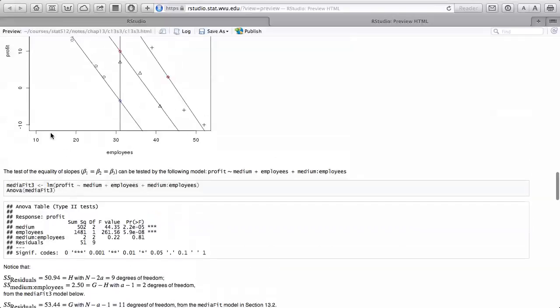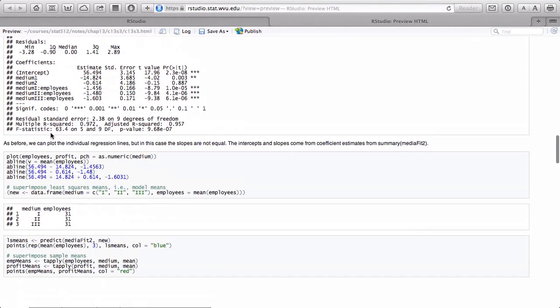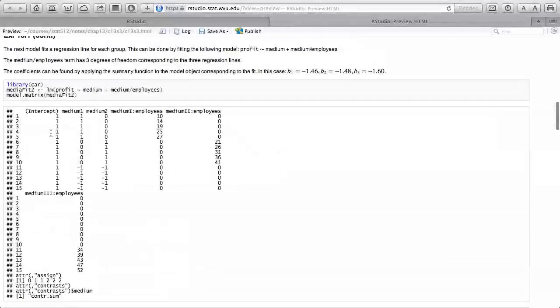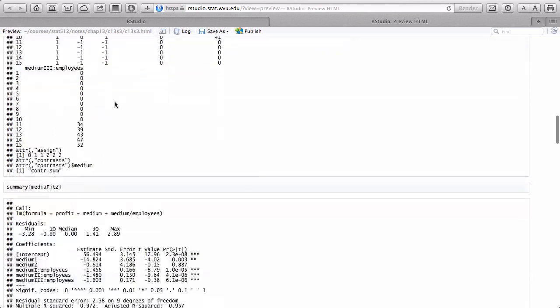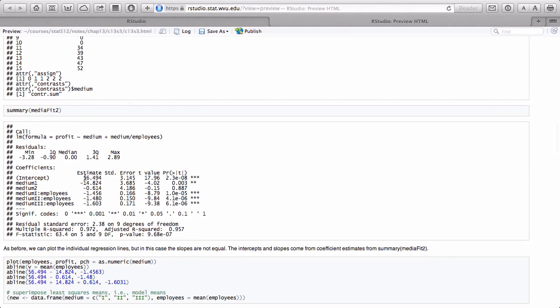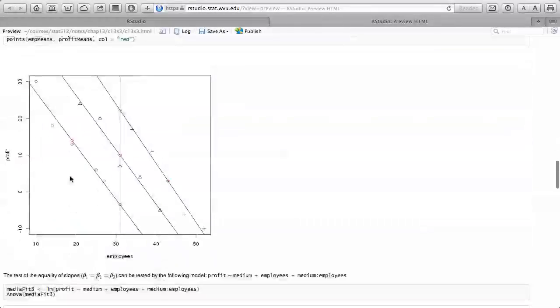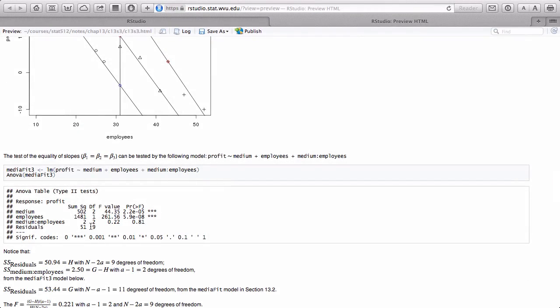I don't know if I printed out this for this other model. I would get the same breakout here with this model. I printed out the summary, but I didn't print out the analysis of variance. But I would have had the same residual. So the sum of squares H is 50.94 with n, 15, minus 2 times 3, or 6, so that's 9 degrees of freedom.